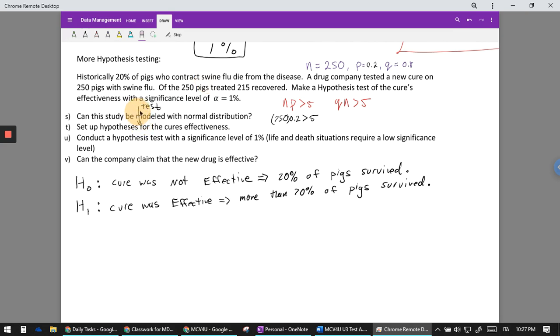If we now give them this drug, and all of a sudden more than 20% of the pigs survive, then we can conclude that this drug or this medicine was effective. Okay, so that's the way that we're looking at this. Now let's set up an actual hypothesis test, and we're going to compare this with the 1% here.